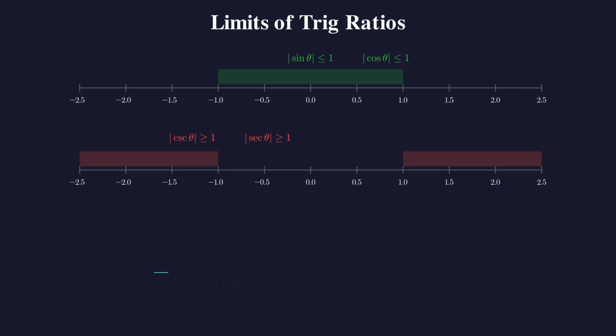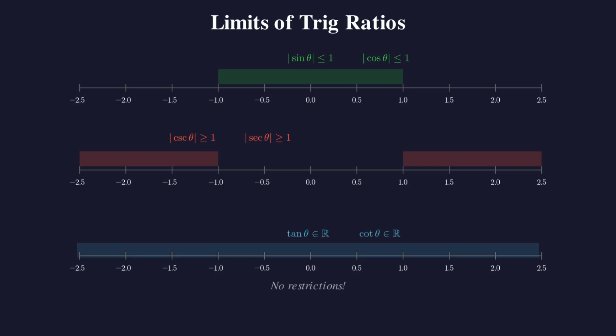Think about it geometrically. The perpendicular PM can never be longer than the hypotenuse OP, right? It's a side of a triangle. It can't outgrow the longest side. So PM over OP, sine theta, can never exceed 1. Same logic for cosine.